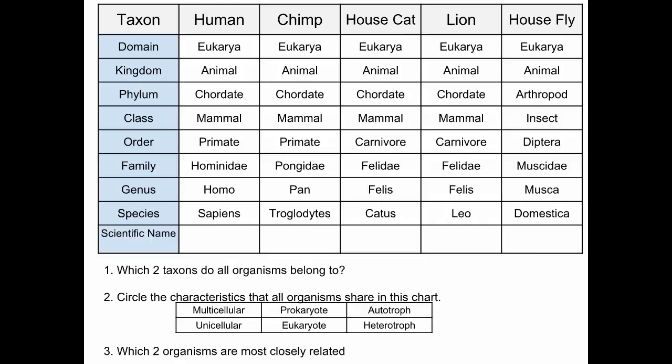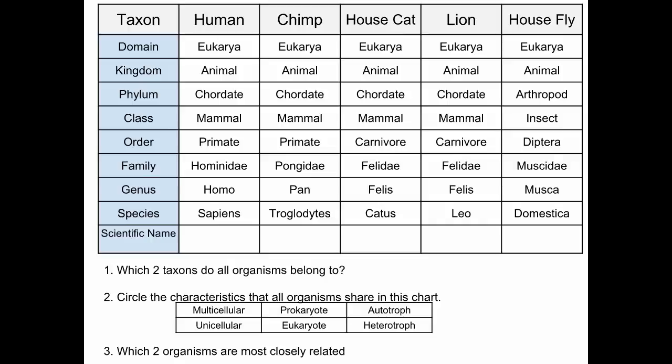They're also in only one kingdom, the animal kingdom. These are all animals. Once we start moving down to phylum, we see they start to become different. These 4 are all in the chordate phylum. The fly is in a different phylum called arthropods. Chordates are all the vertebrates.